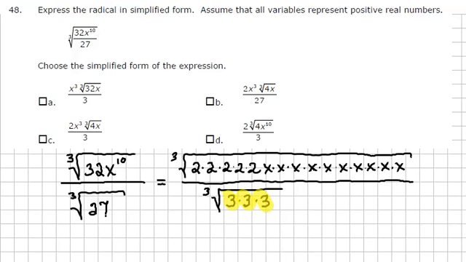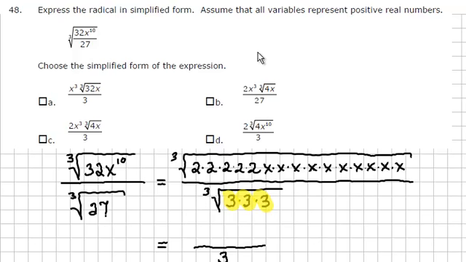So the cube root says that we can bring one of those factors out. So when we're writing our result, the cube root of 27 is 3, because 3 cubed is equal to 27.